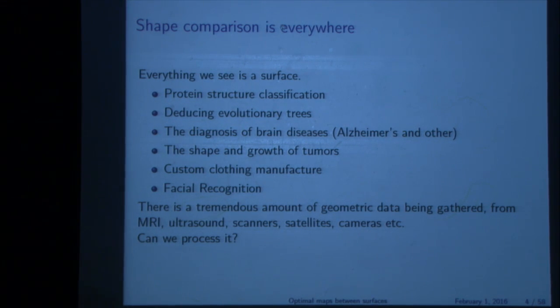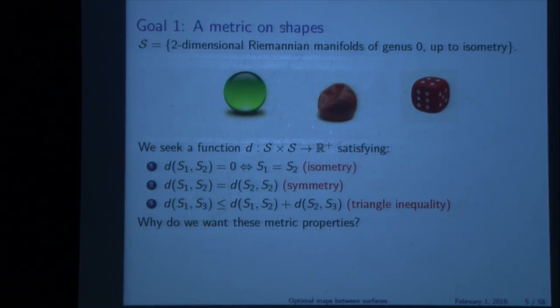In medicine, people are interested in the shape and growth of tumors or the shapes of brain cortices. Facial recognition is another problem where you want to compare how similar 2 surfaces in 3-space are. We're generating a tremendous amount of geometric data now, but we still don't have very effective tools to compare surfaces in most cases.